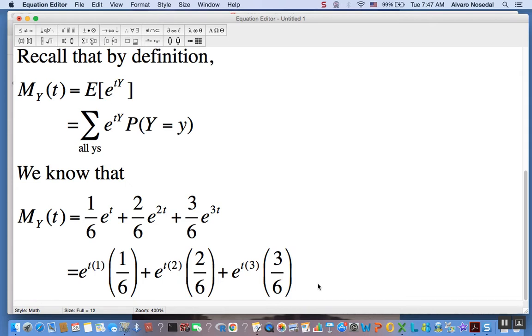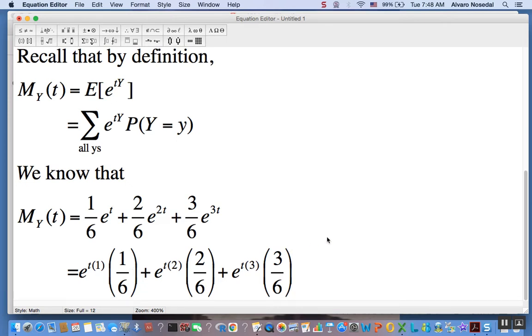So now let's compare what we have here. We have a sum of 3 terms, and we have e to the power t times something, and then we have a number, a probability.